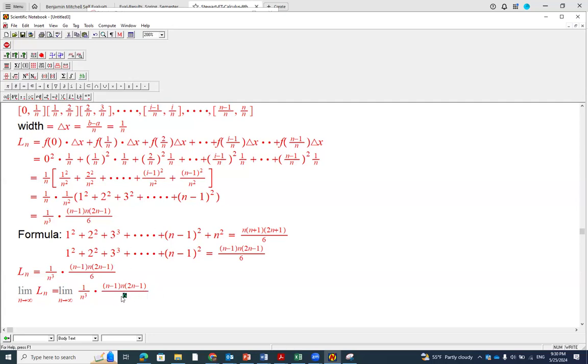6 can be taken outside. We're going to bring 6 over here. n raised to the power 3, we're going to bring it under here. Let me make the font larger.